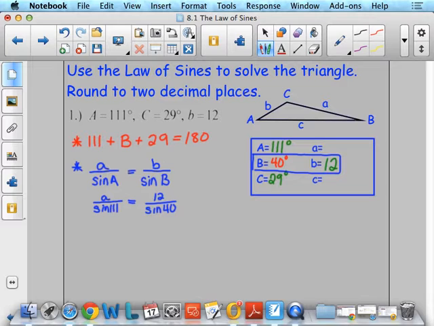Okay, so to solve for a, we're going to cross multiply. So we have a times sine of 40 is equal to 12 times sine of 111. To get a by itself, I'm going to divide by sine of 40.